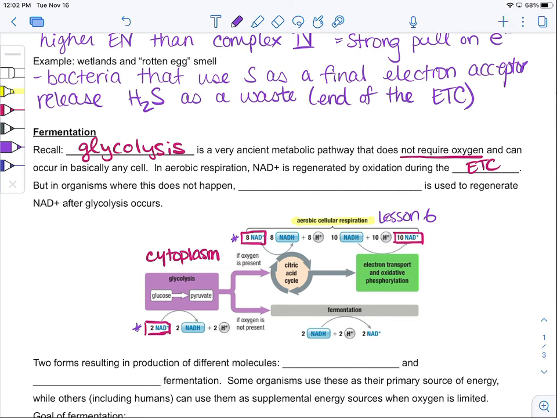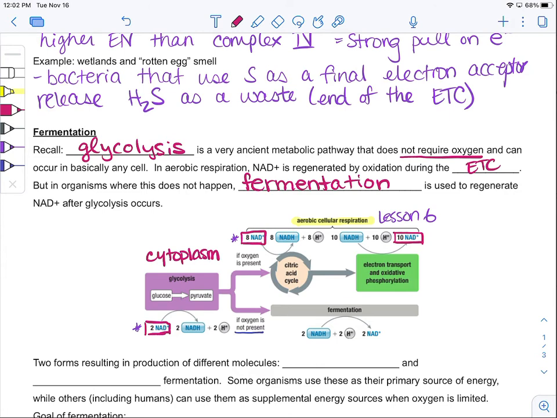Now, the interesting thing is in organisms where this does not happen, so now we're looking at this bottom pathway, if oxygen is not present, we still need a way to regenerate that NAD+. Otherwise, glycolysis cannot happen. So in these organisms, they're actually going to use one of two examples, but they're going to use fermentation.